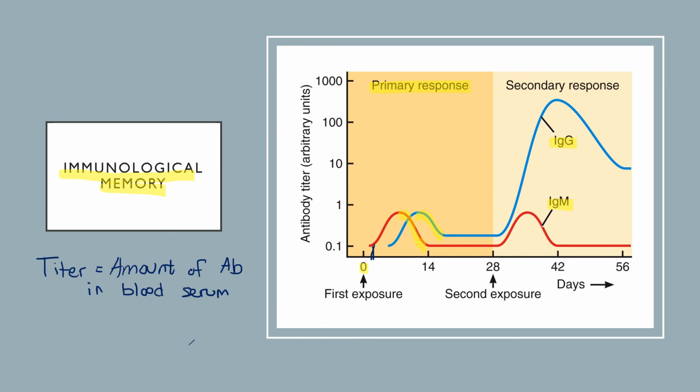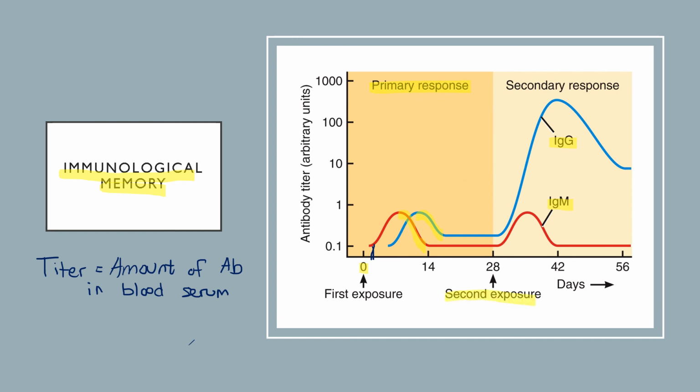Now, memory cells may remain for decades. Every new encounter with the same antigen will result in rapid proliferation of memory cells. So after subsequent encounters, the antibody titer is far greater than during a primary response, and it mainly consists of IgG antibodies.